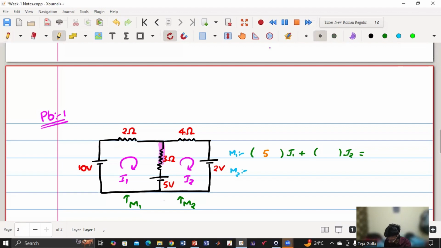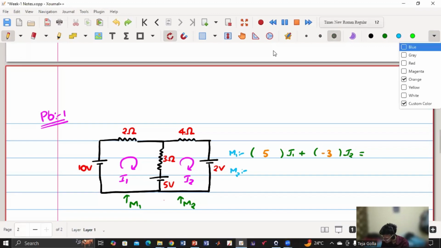So this is the 3, so we'll have minus 3. And what will we get on the other side? Some voltage, which we get by traversing through this loop in the clockwise direction. So it is plus 10 and minus 5, so it is 10 minus 5, 5 volt. Yes, many people have said 5. So we have 10 minus 5, which is equivalent to 5.